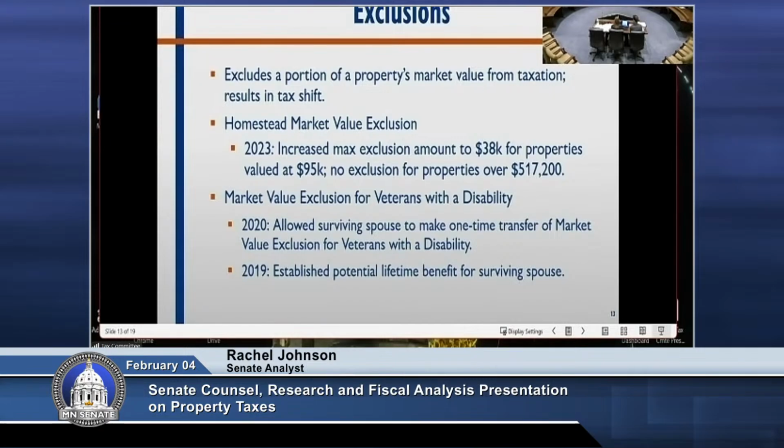The exclusion amounts are based on the market value of an eligible property. In 2023, the legislature passed an increase in exclusion amounts and to the eligibility threshold. This is going to be effective starting with property taxes payable in 2025. With this, for homesteads valued at $75,000 or less, the exclusion is 40% of market value, and that gets to a maximum exclusion amount of $38,000.